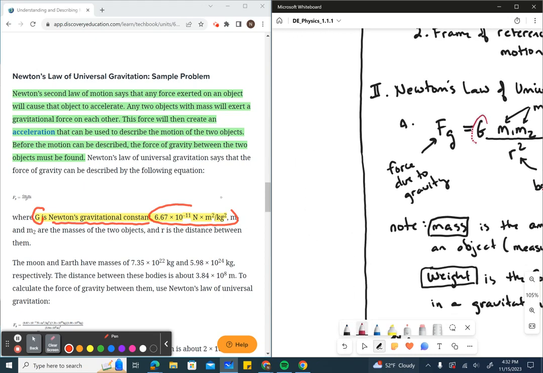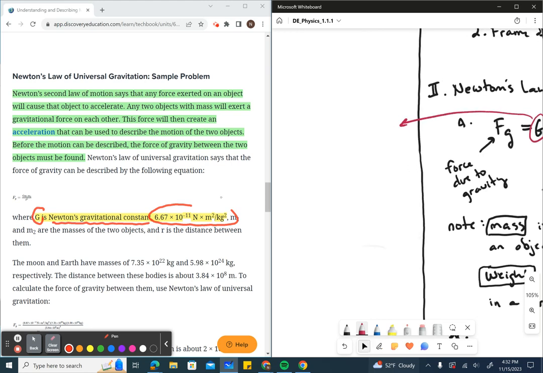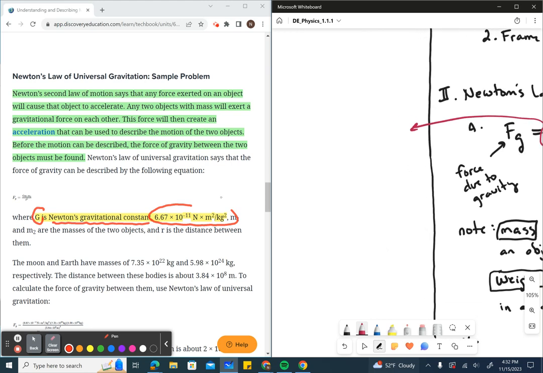What is G? G is Newton's gravitational constant, which equals 6.67 times 10 to the negative 11 newtons times meter squared over kilogram squared.